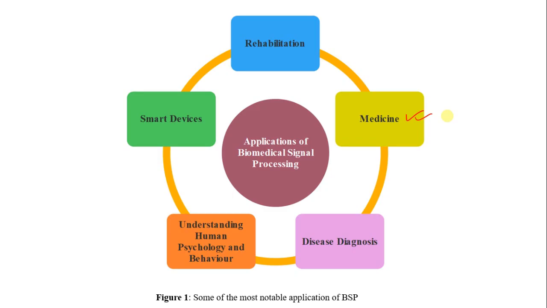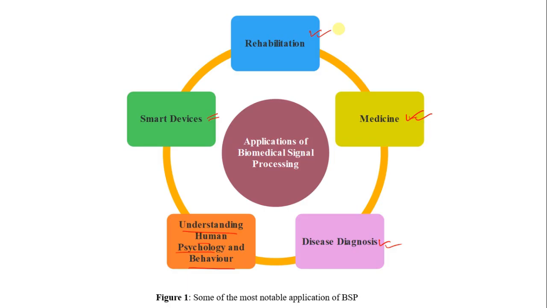Based on that, we can go for medication. In medicine, we can use it for disease diagnosis, for understanding human psychology and behavior, which is associated with the EEG signals. We can devise smart devices to analyze the biomedical signals, and we can use them for rehabilitation purposes to control some devices.